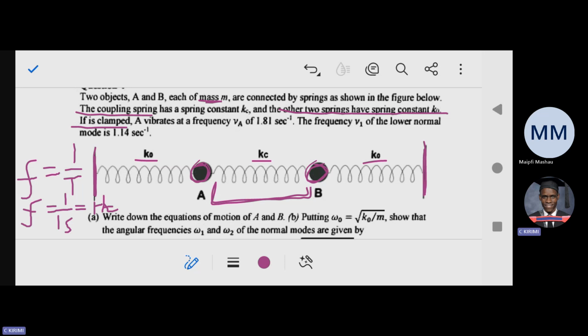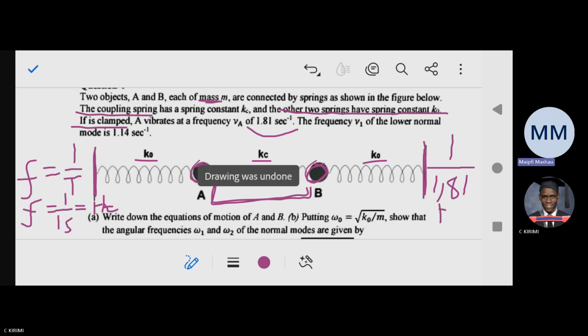That frequency. So this one, they did not give us a frequency in hertz. They just gave us 1.81 per second. But yourself, you must know, if you want to find the frequency in hertz, you are going to say 1 divided by 1.81. Then your answer will be in hertz.